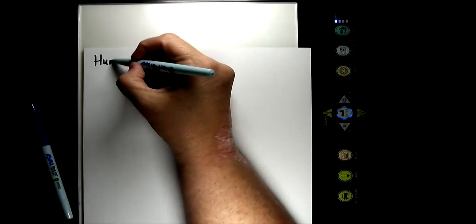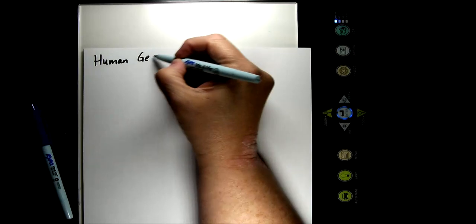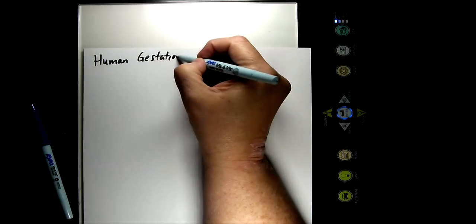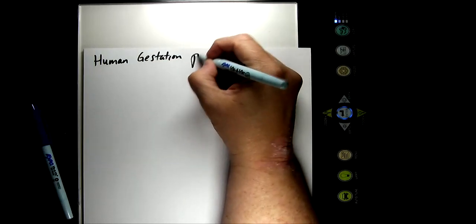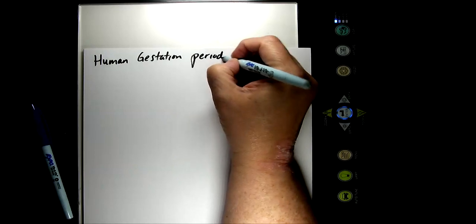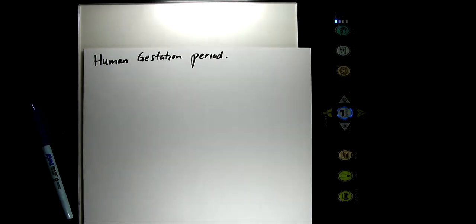Human gestation period. We like to say it's 9 months, but gestation is how long you're in the womb before being born, how long you're a baby before you're born.